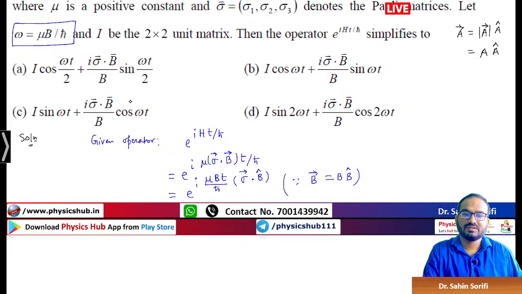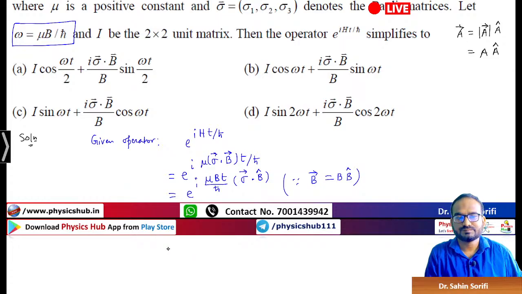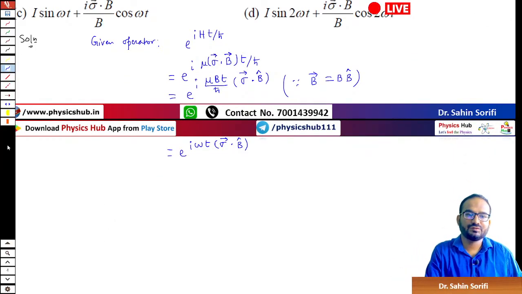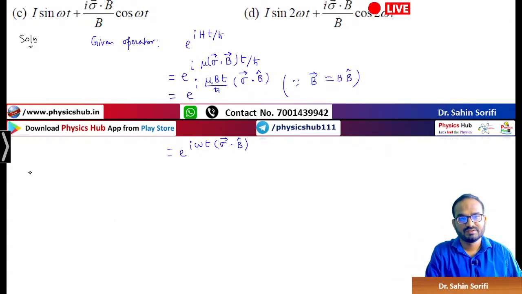Now we have mu B by h cut is omega. So let's put that value. So this becomes e to the power i omega t times sigma dot B cap. No issue till now. Now there is an identity you should remember. To solve this problem, we need to know this identity. What is that identity?